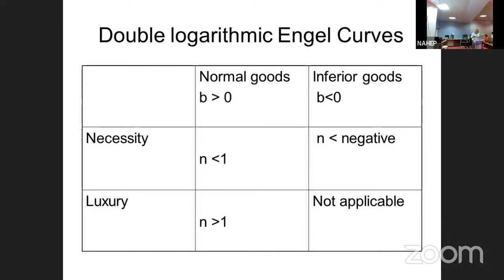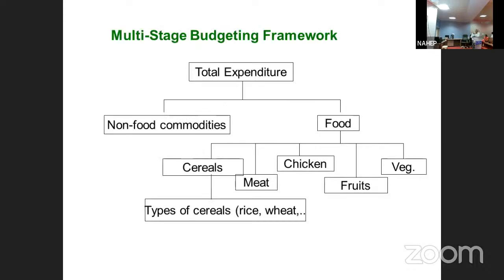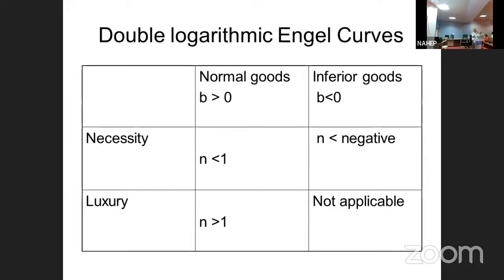These are things we know about Engel functions, so we are not spending much time. Just giving a flavor, because while we are interpreting our elasticities that knowledge is required, whether the good is necessary or inferior, necessary or luxury.